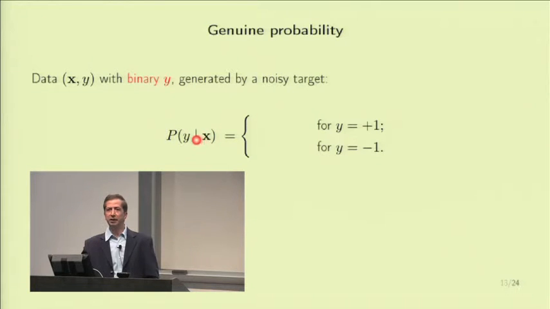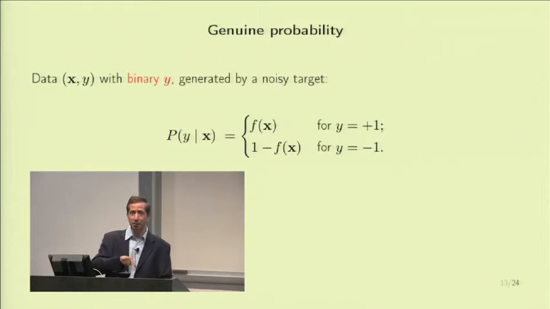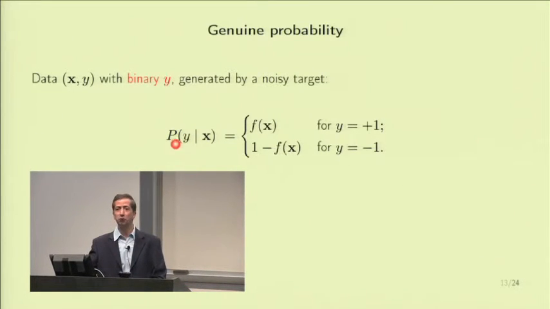And this is generated by the target that I want to learn. So I'm going to call the probability the target function itself. The probability that someone gets a heart attack is f of x, and the probability that they don't, it's a binary thing, has to be 1 minus f of x. And I'm trying to learn f, notwithstanding the fact that the examples I am getting are giving me just sample values of y that happen to be generated by f.